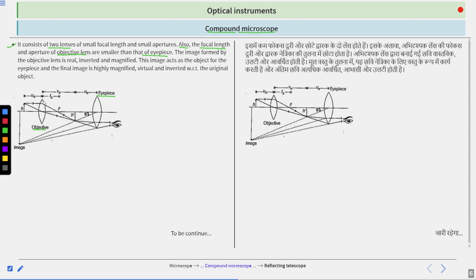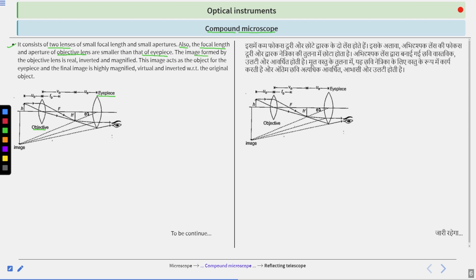So this is the objective lens and this is the eyepiece. The focal length or the aperture of this objective lens is smaller as compared to the eyepiece. Clear? The focal length and the aperture of the eyepiece are much larger as compared to the objective lens. So, is this point clear?